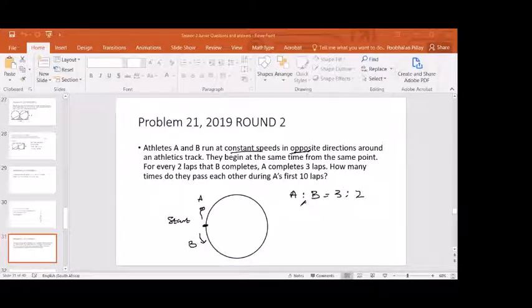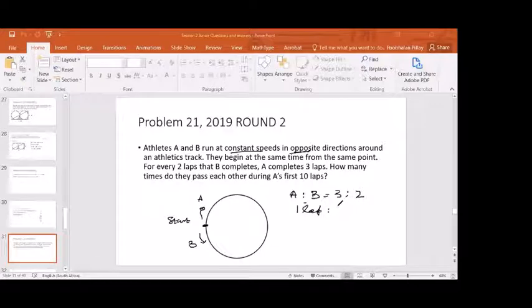So in 1 lap, if you divide 1 lap into this ratio, 3:2, the total number is 5.